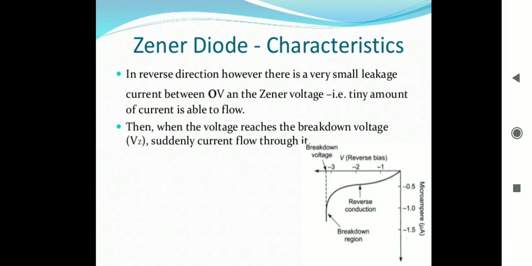Practically, you can increase the current level, but at a particular point the voltage level remains constant, meaning current increases and voltage level remains constant. This process is called the voltage regulation of the Zener diode. That's why the Zener diode is always called a Zener voltage regulator.